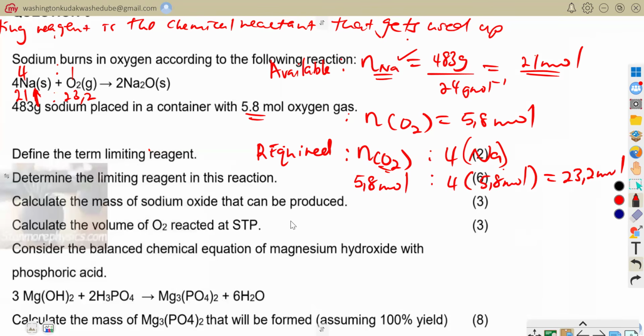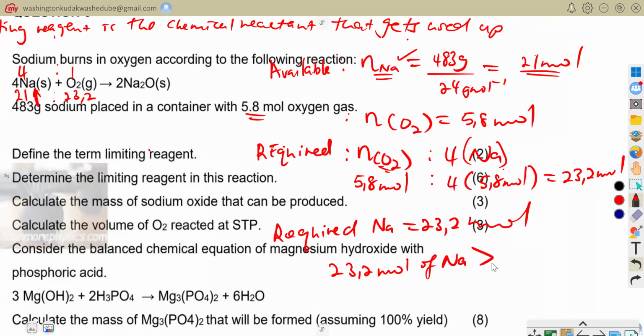So you will say required sodium is equal to 23.2 more. And then 23.2 more of sodium is greater than 21 more available. So this is greater than the one that is available.